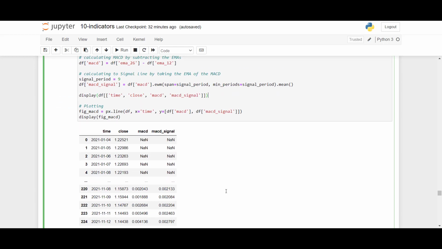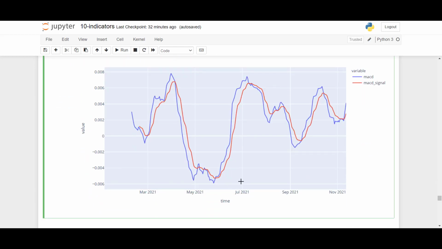And let me show you the resulting data. So here, the blue line is the MACD and the red line is the MACD signal. And conventionally, how the MACD is used is whenever the red line crosses the blue line, it is implying a reversal in trend.